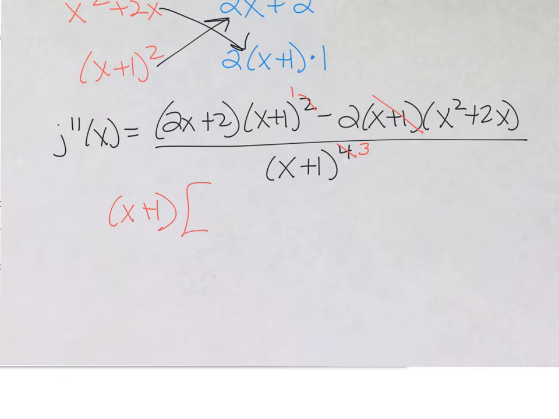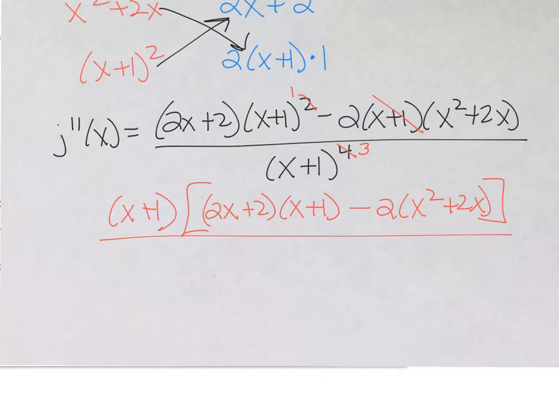And it would look like this. So now that that x plus 1 was factored out, this whole term can reduce the denominator to 3.